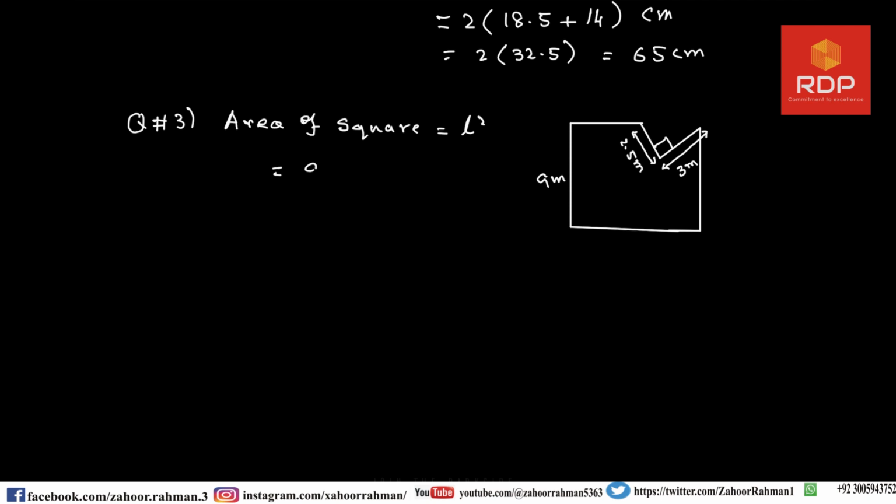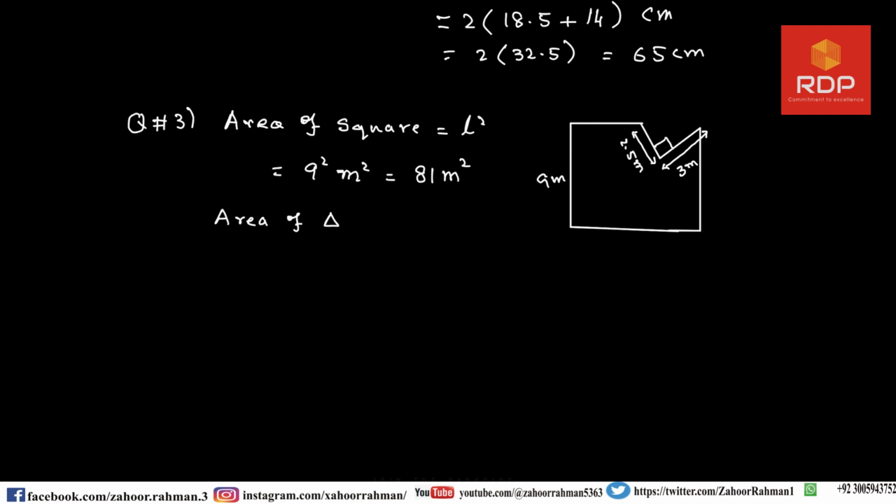L is given as 9, so 9 square, and that will be meter square. So 81 meter square is the area of this square.